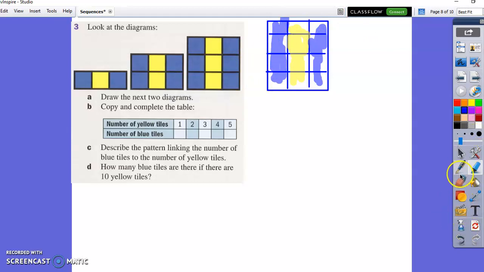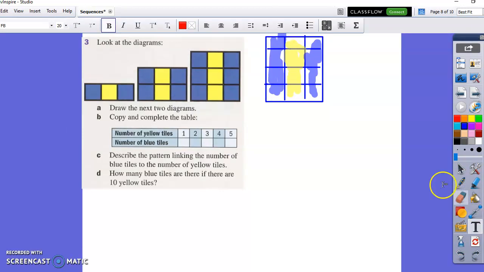Can we write this relation here? So 1, 2. For 1 I have 2. For 2 I have 4. For 3 I have 6 blue, for 3 yellow. For 4 yellow I will have 8 blue, and for 5 yellow we will have 10 blue rectangles.